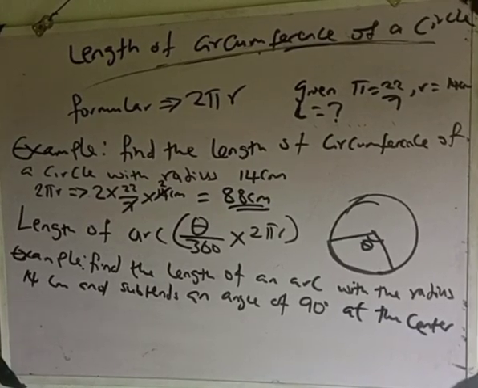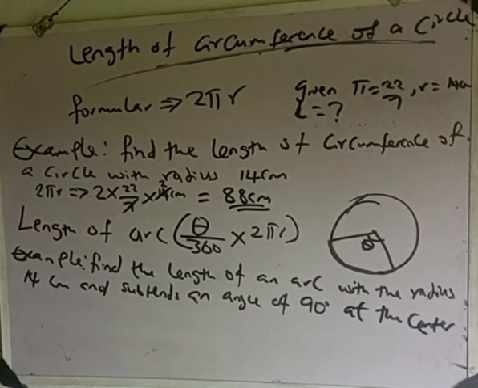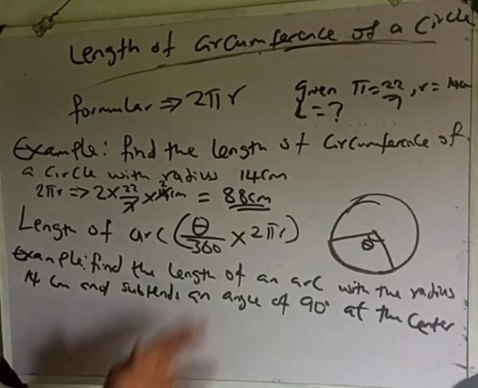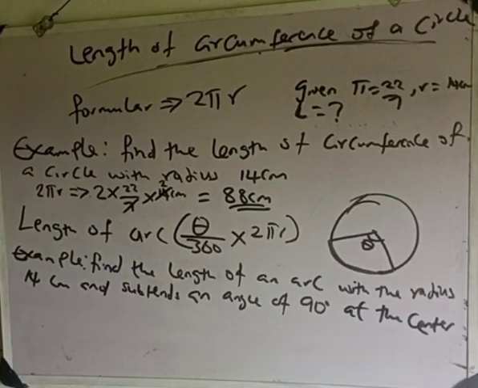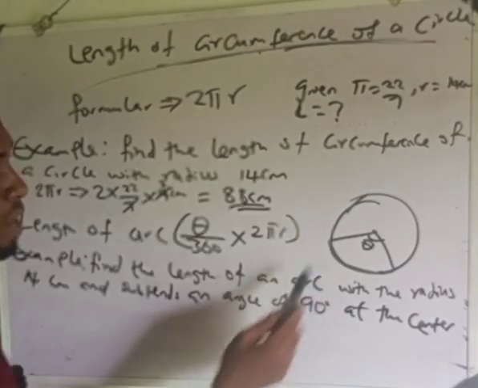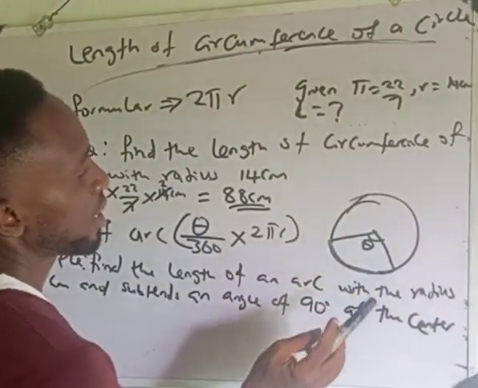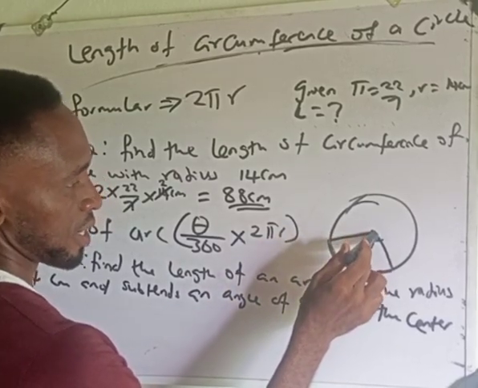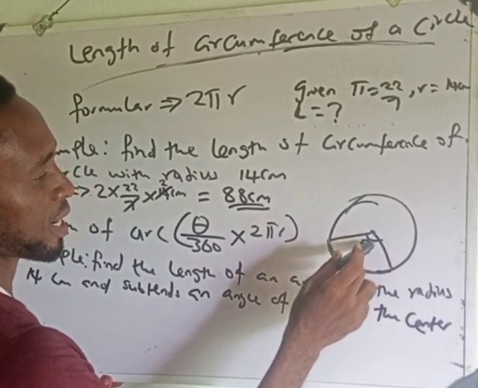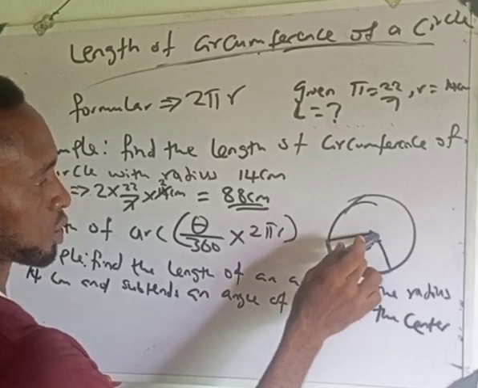Now, having known this, if I want to deal with an arc, remember from our last class, we established that an arc is a part of the circumference. I also explained that whenever we have an arc, there's an angle at the center that every arc sustains.